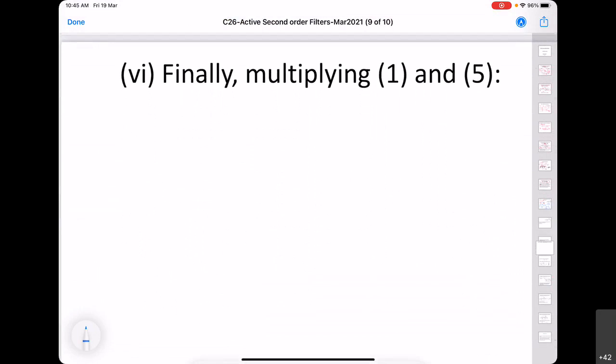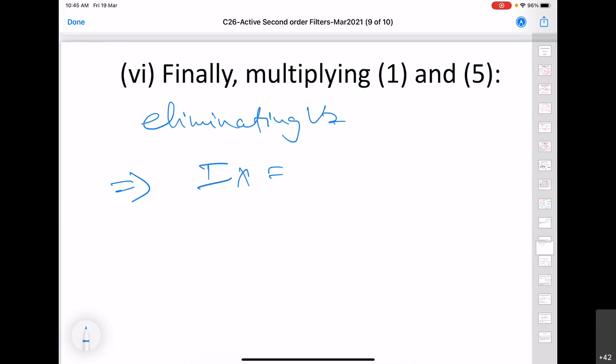So finally, when we eliminate, what we will get is Ix is equal to Z2, Z4 divided by Z1, Z3, Z5 into Vx.